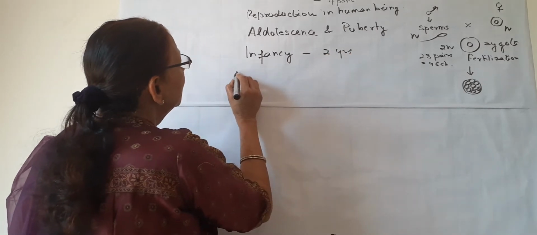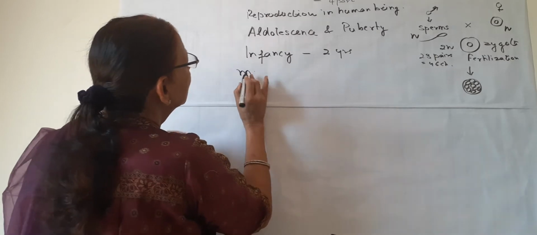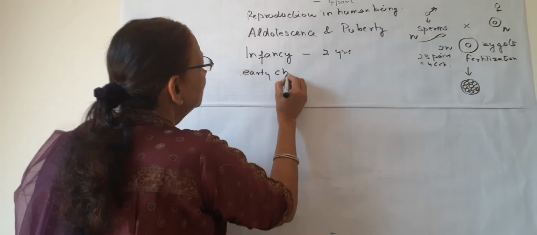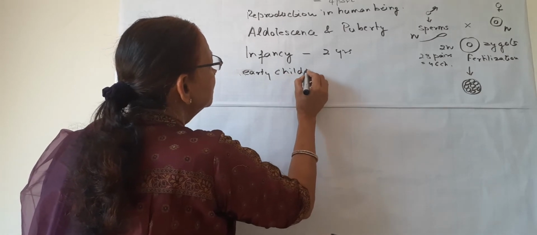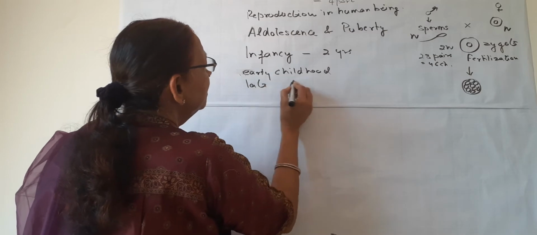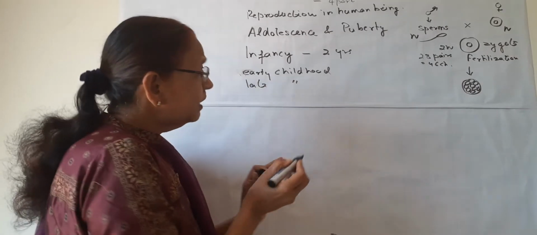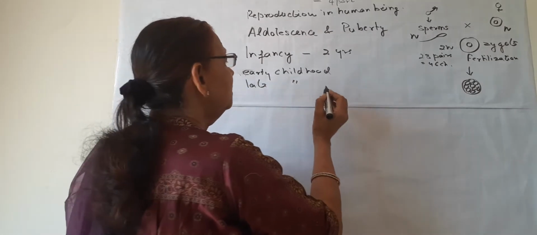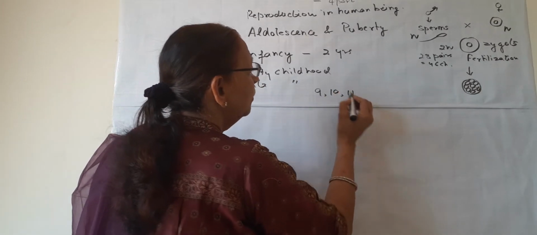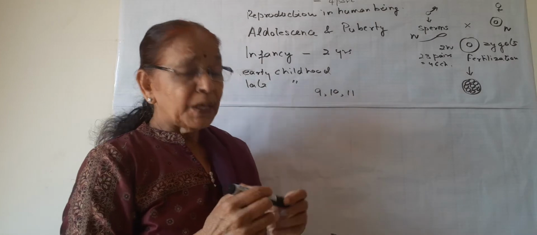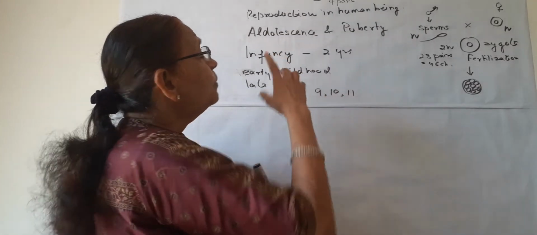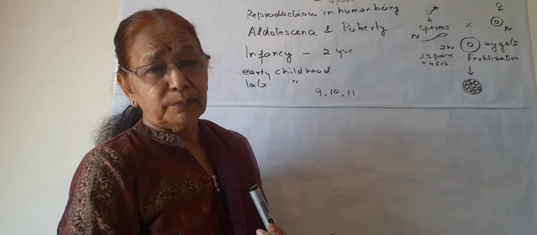After it, there is the early childhood, which lasts for a few years. Then after this, late childhood is there for a few years. Once the person or child comes to the age of 9, 10 or 11, a special period known as adolescence starts.